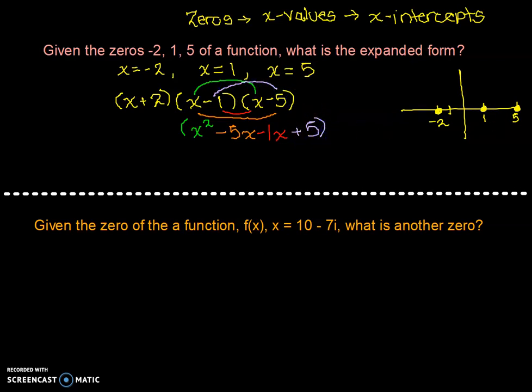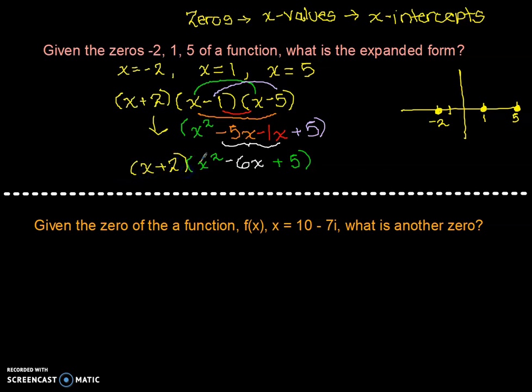And usually when you FOIL, the two in the middle are like terms, and they are, so -5x minus 1x would give me -6x. Everything else comes right down. The x squared, the +5, and the x plus 2.